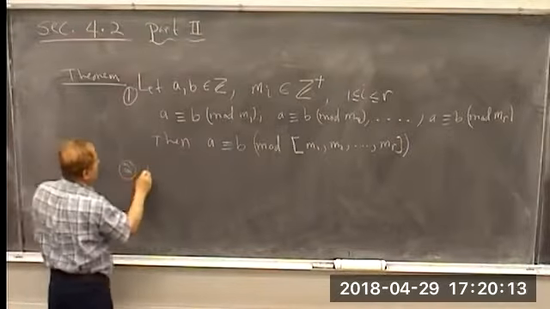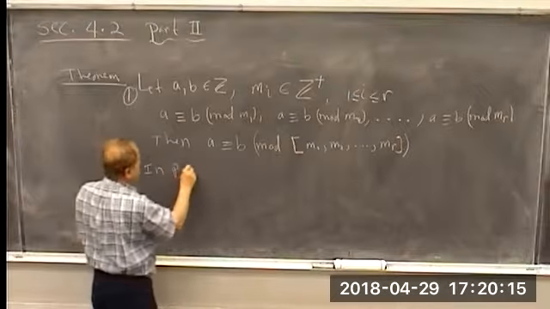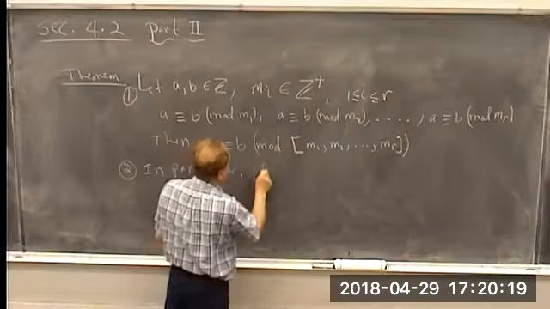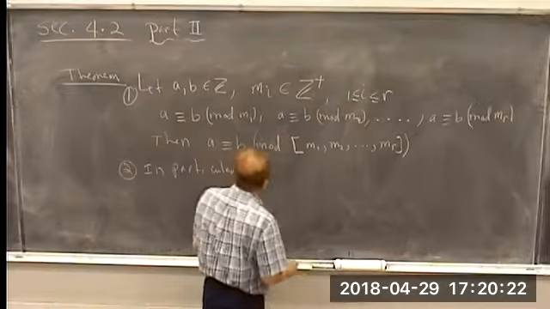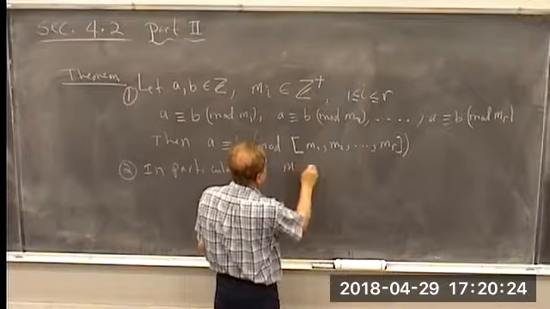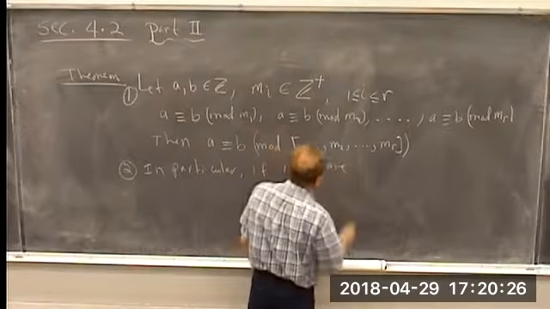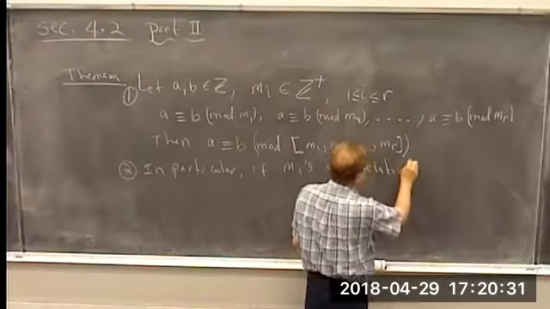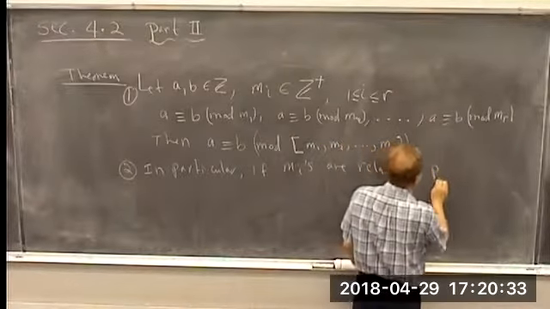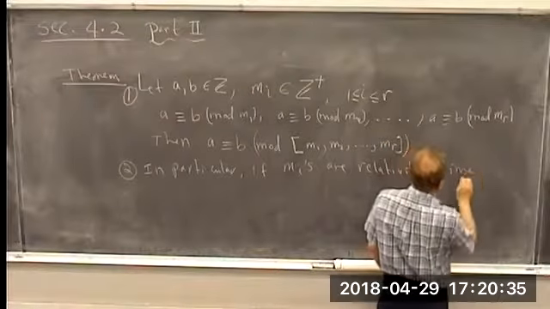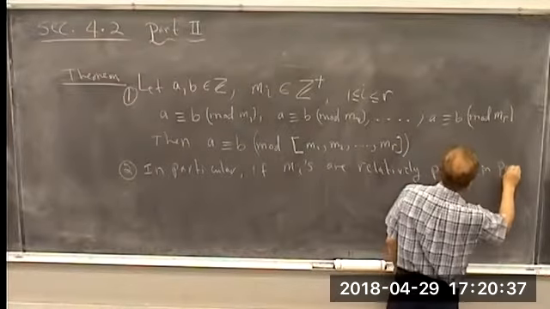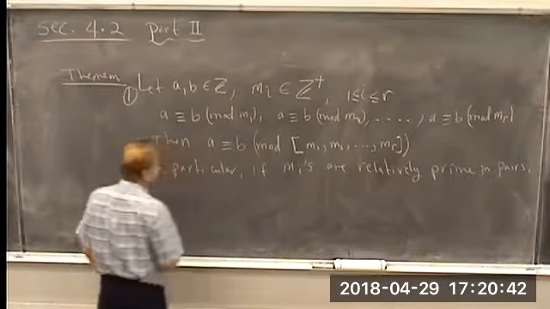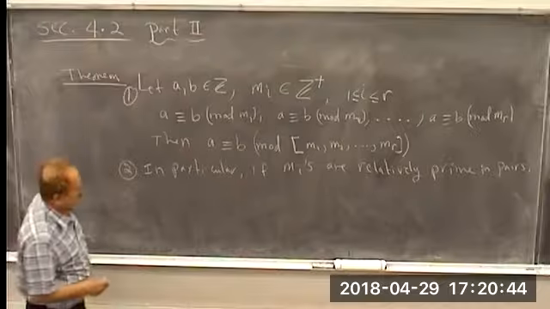Second part, in particular, if the Mi's are relatively prime in pairs, or sometimes you call them pairwise relatively prime.